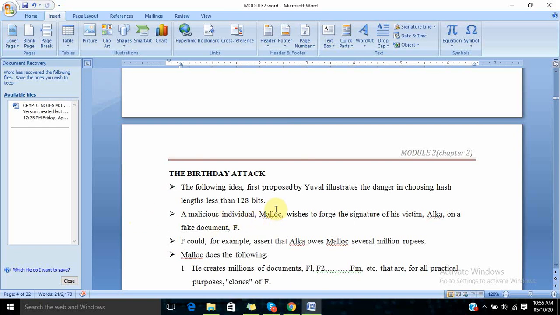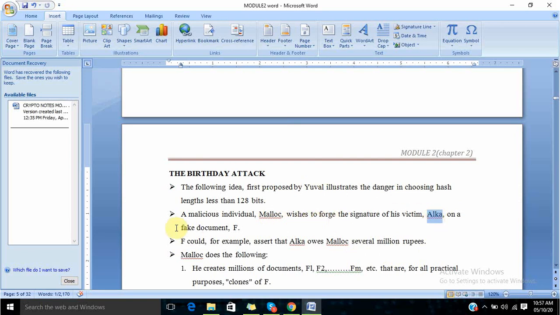This Malloc is nothing but a person, students. Don't get confused with the data structure malloc. Here Malloc is just a guy who is malicious. He basically wants to forge some documents, students, of Alka. This Alka is basically a victim, because on Alka's document this guy wants to forge.